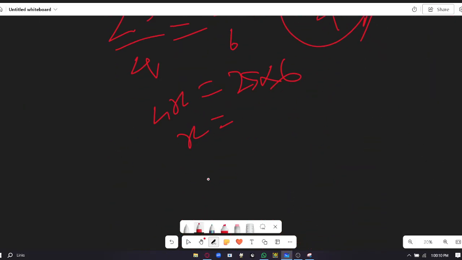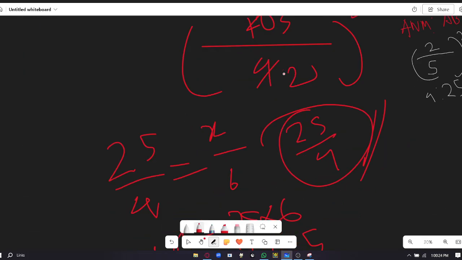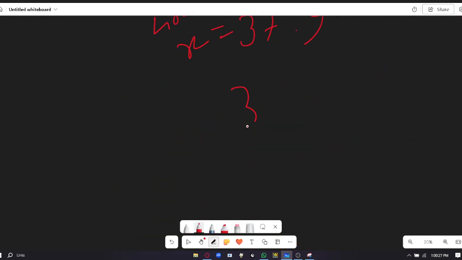This becomes 37.5. So that's the total triangle, but not the quadrilateral. What is the quadrilateral? That is this total triangle's area minus this 6. So the total triangle's area minus the 6, we get 36.5.